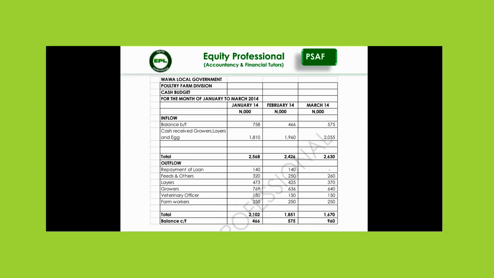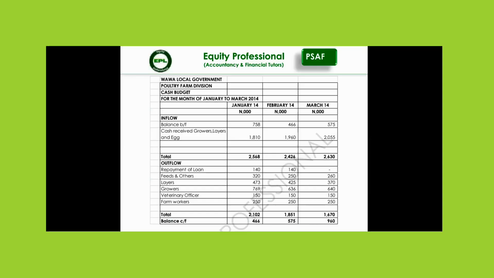So we can now total February. What is the total inflow of February? 2426.